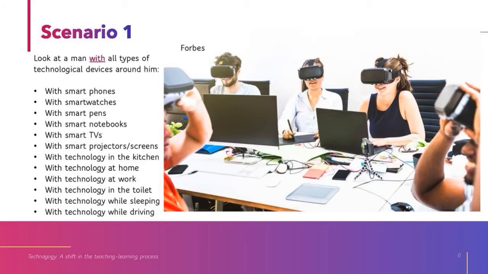And not only that, a typical man will have technology in the kitchen, we have technology at home, at work, even the toilet. Some people cannot even sleep, we have to use technology to help them sleep. And some will probably use technology in driving their cars. So if you look at this particular scenario, you will see that everything we do, everything we say, everything we intend to do is already infused with technology. So we have technology everywhere.